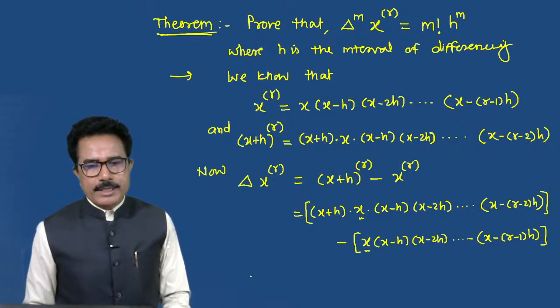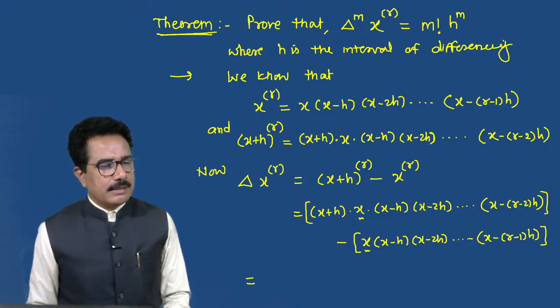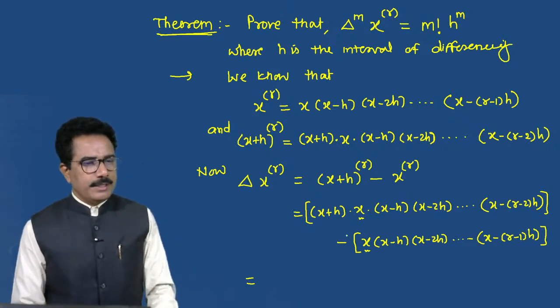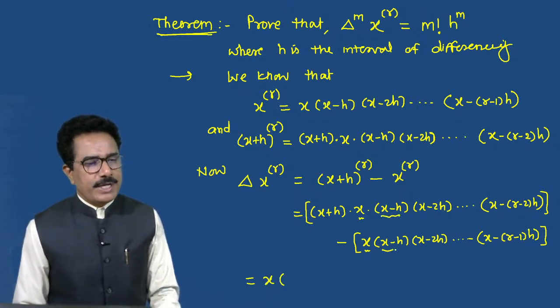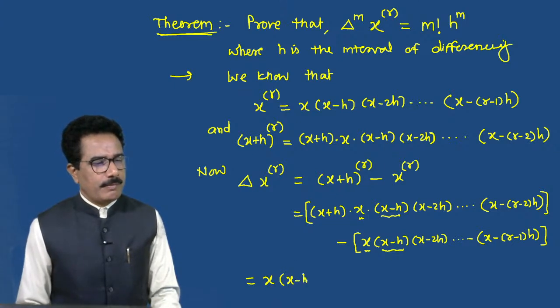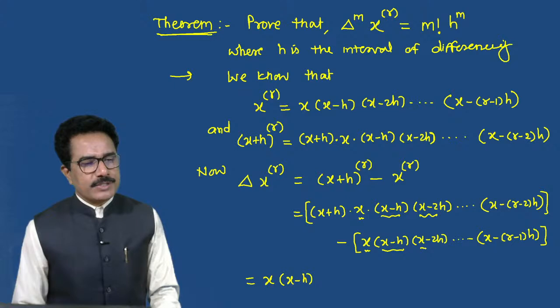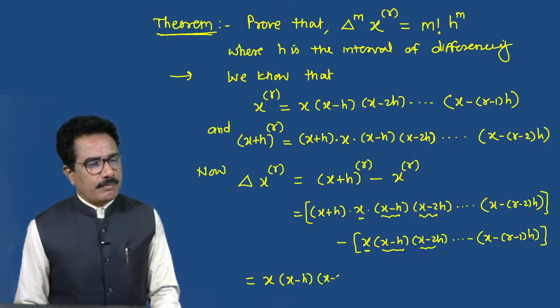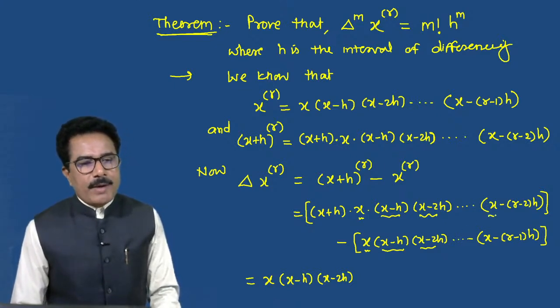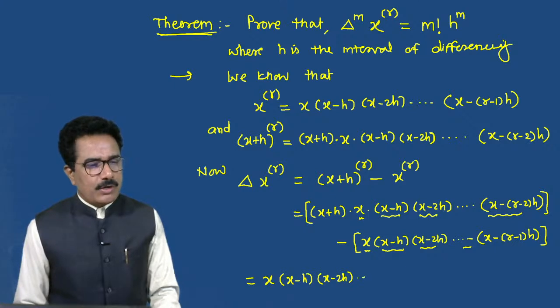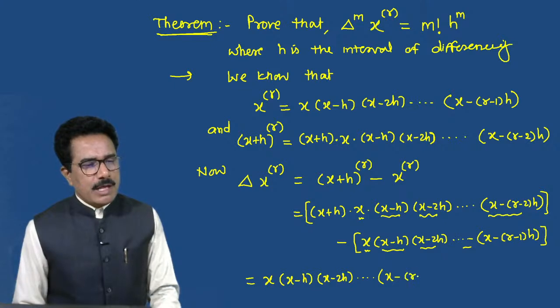Which are the common terms? x, x minus h, x minus 2h, up to dot dot dot x minus (r minus 2) into h.